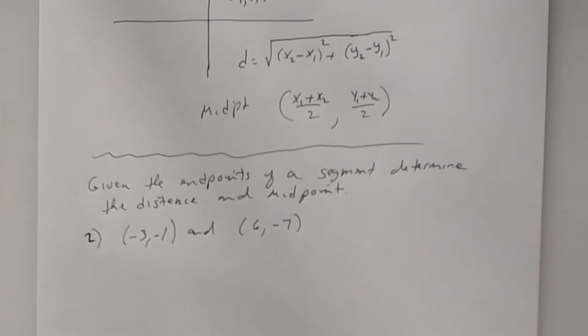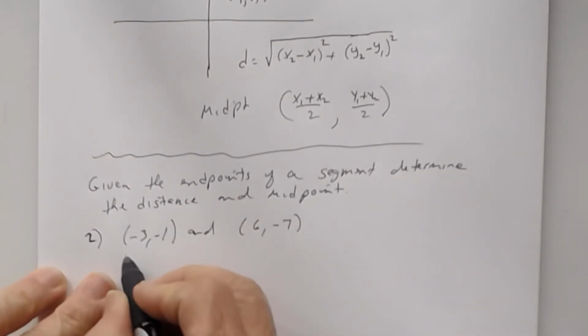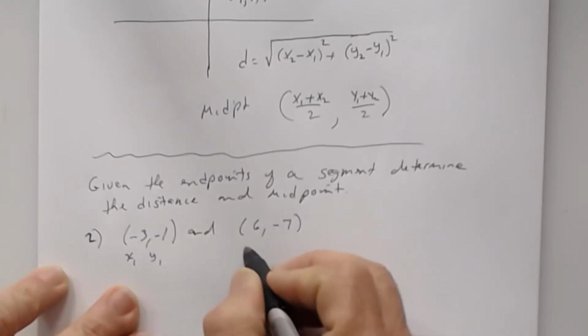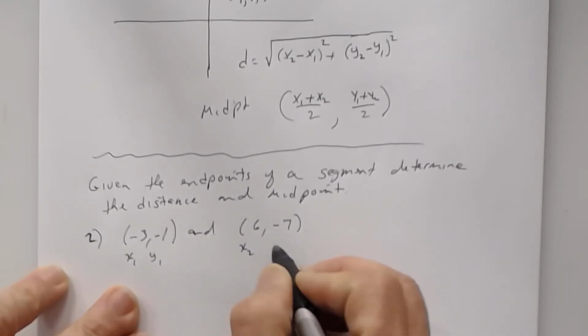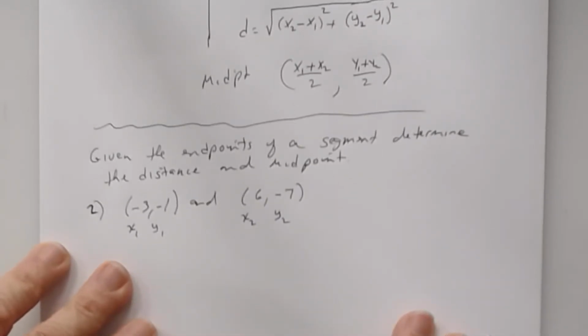Label those points. X1, Y1, X2, Y2. So let's call the one on the left your first point. So -3 we're going to call X1, -1 we'll call Y1. 6 will be X2, -7 will be Y2. And then all you do now is just plug into your formulas.